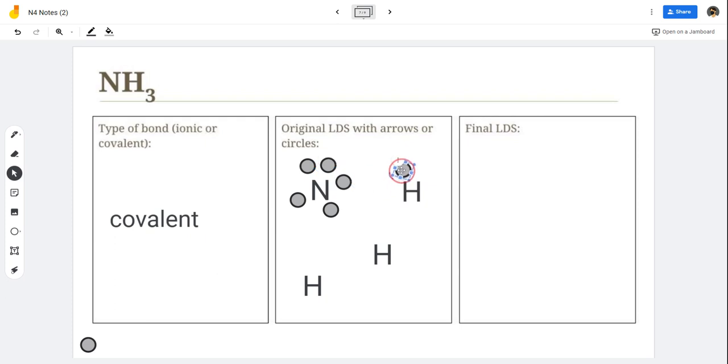And hydrogen is in group 1, so it has just 1 valence electron on each atom. Since this is covalent, we need to circle electrons that can pair. We're not going to circle these two because there's already 2 on that side of the nitrogen. We're looking for sides of atoms with just 1 valence electron.